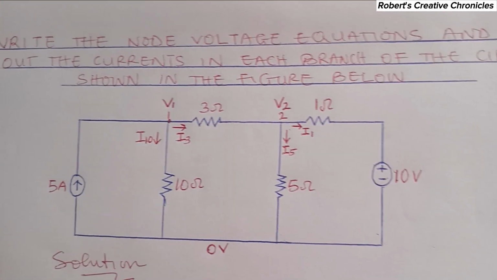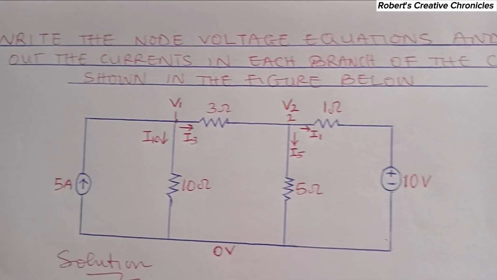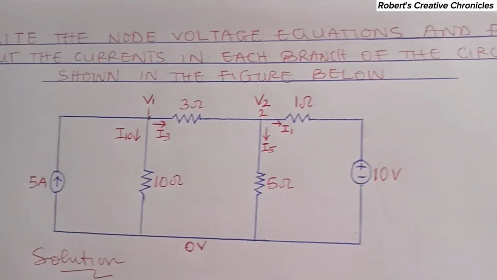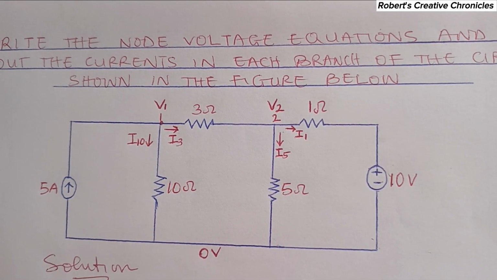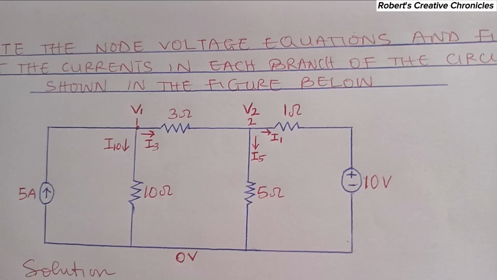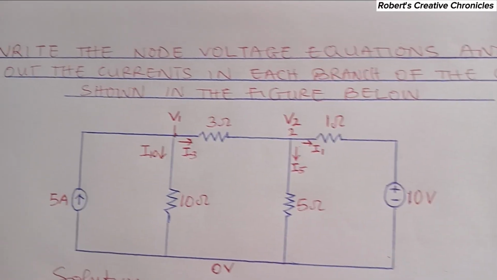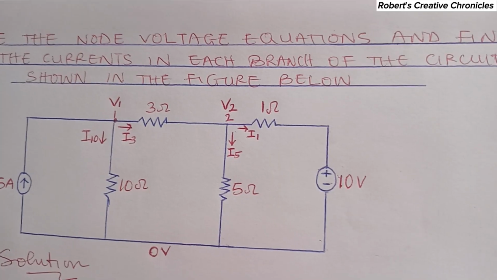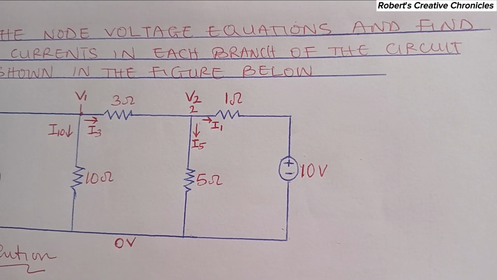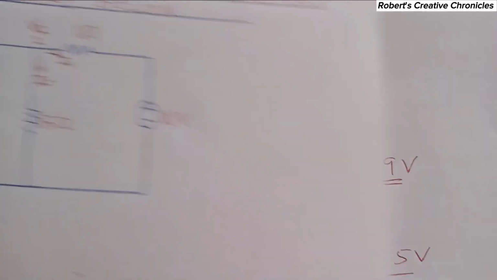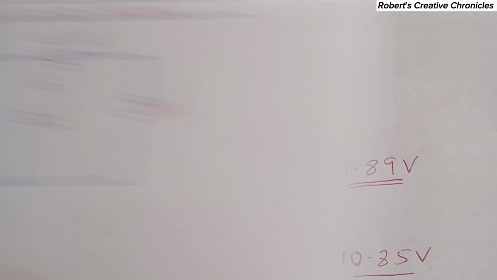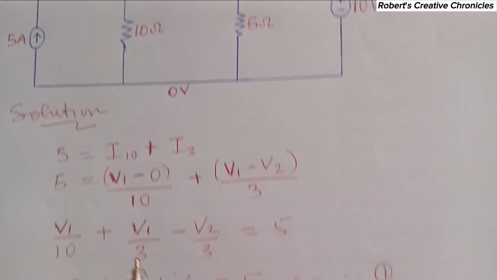And the question states to write the node voltage equations and find the current in each branch of the circuit shown in the figure below. We have written the node voltage equations, those are the two simultaneous equations. That means we need to find the current in each branch. So in this branch, we have already analyzed it here.